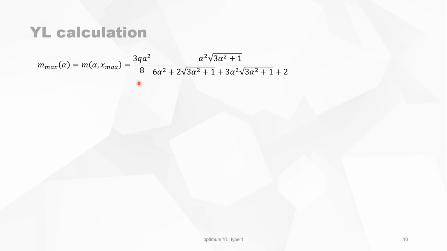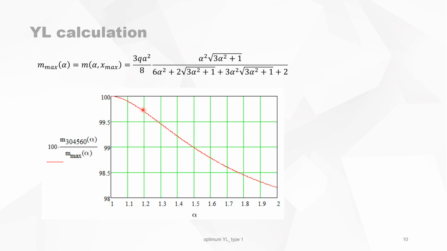So now this formula gives you directly the optimized maximum bending moment for each slab of type 1 with alpha between 1 and 2. We can now divide the bending moment obtained by the 30, 45, 60 rule by the optimized bending moment, and you will see that the difference is always less than 2%.